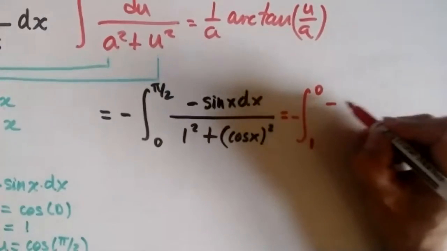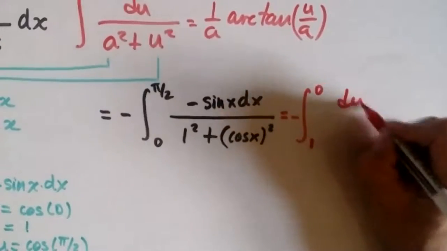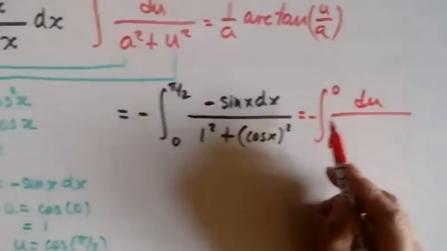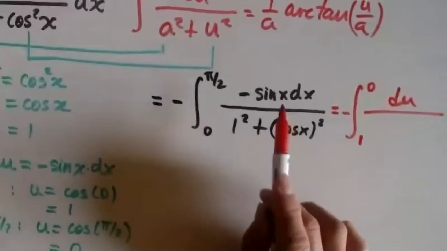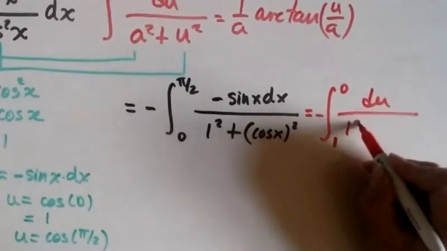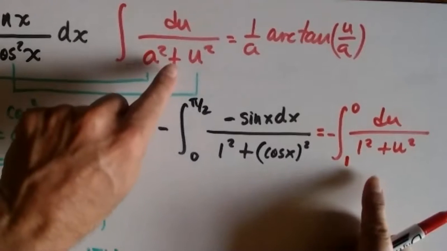So I'm going to put here a 0. And then I'm going to have negative du over, because all this is du, remember? All this is du, so I'm going to change this by du. And this is 1 squared plus u squared. Now this is ready to go.